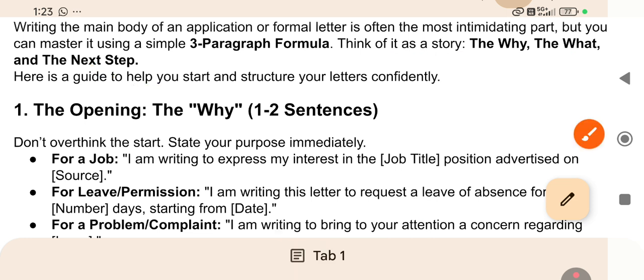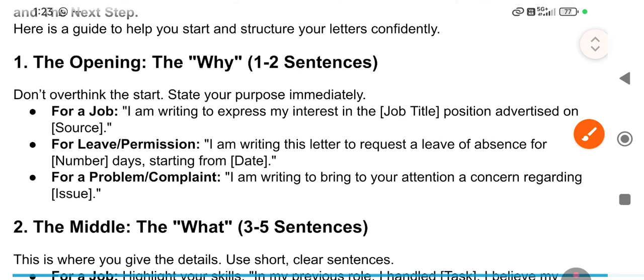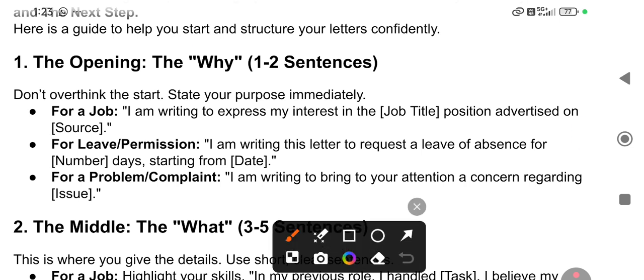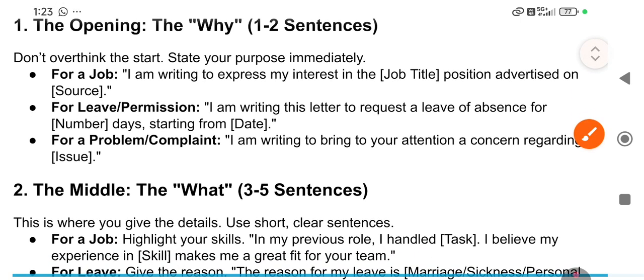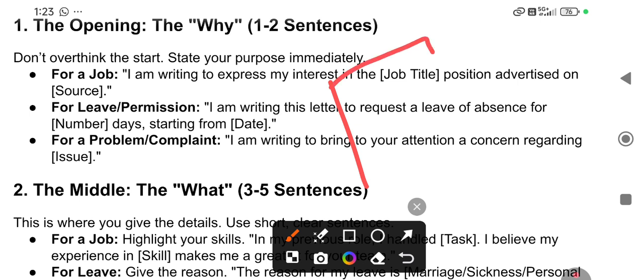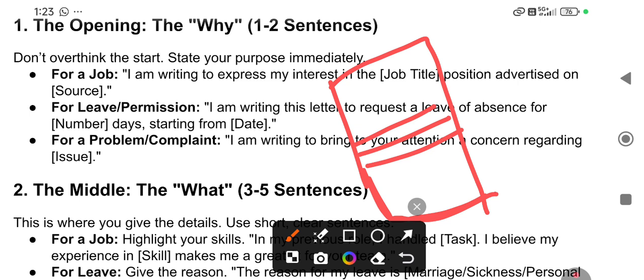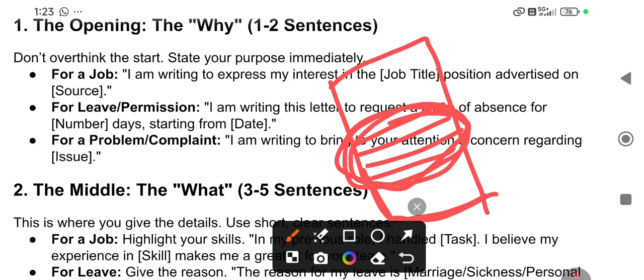So let us see. Here is a guide to help you start and structure your letter confidently. First is the opening. Why? One, two sentences. See, this is the A4 size paper where you have to write a letter, and you just have hardly 4, 5 lines for communicating your idea.